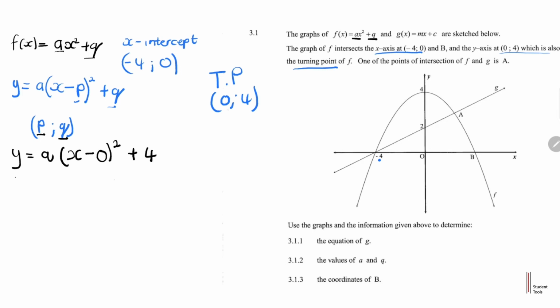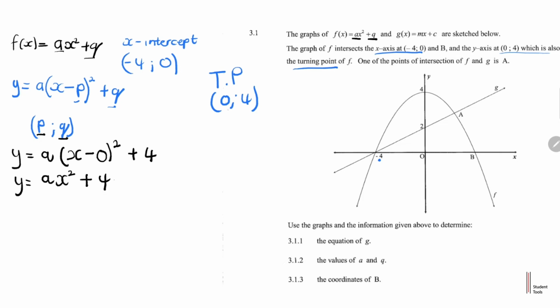And then y will be equal to a multiplied by x minus 0. So that is still x. So that means x here is going to be squared. So let's remove the brackets. So that means we'll have a x squared plus 4. So as you can see, we already have the value of q.